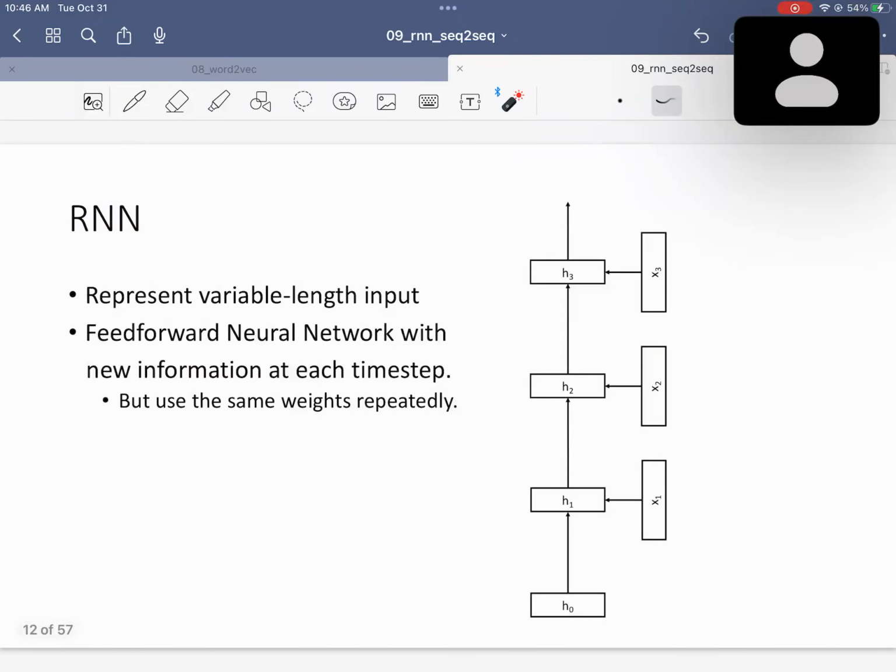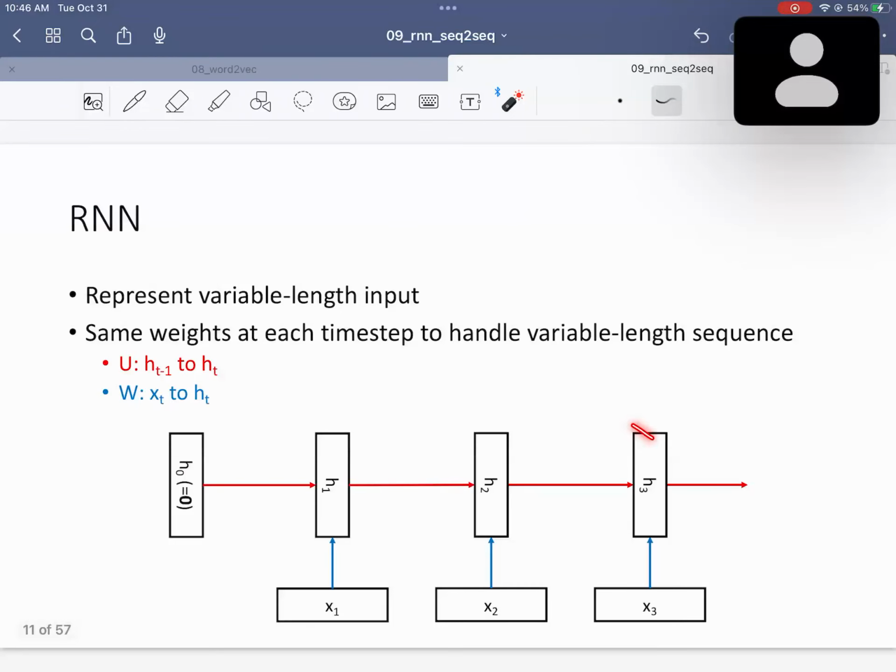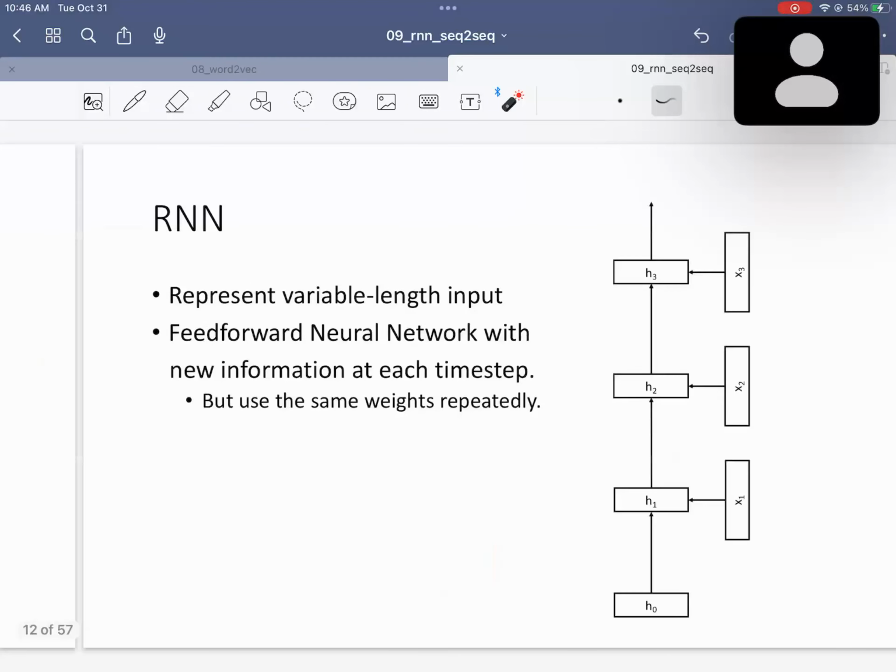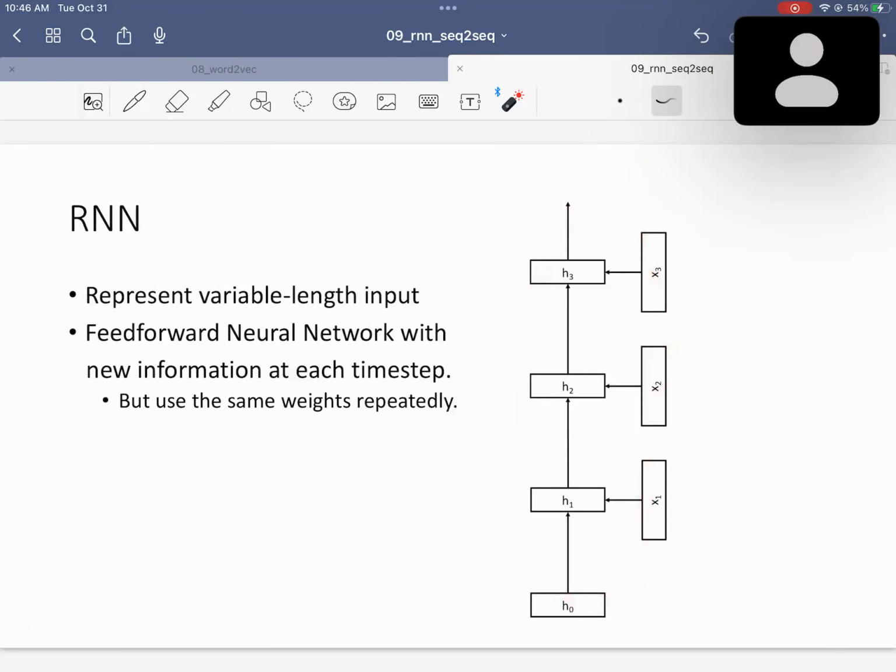So if you rotate this 90 degrees this way, then it kind of looks like a multi-layer perceptron. It's just a feed-forward neural network where you start with H0, and then this is your second layer, third layer, fourth layer, like your ordinary multi-layer perceptron feed-forward neural network. It's just that there is input coming in from the side.